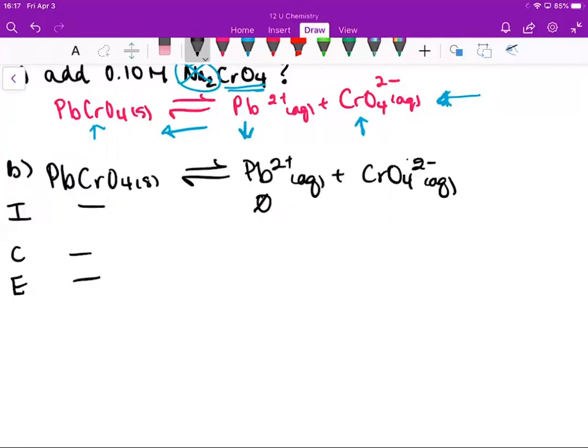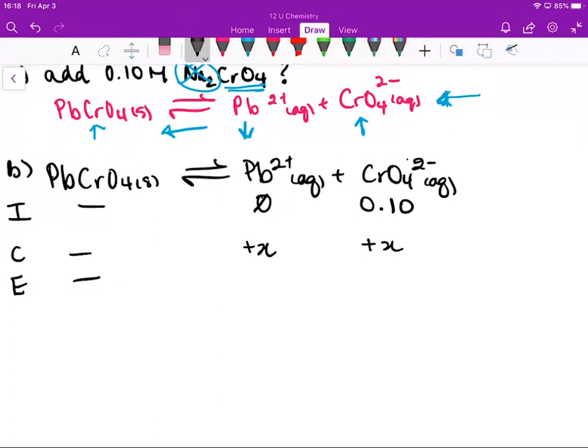And we just identified that the common ion is chromate. So that means in the I part of our ice table, our initial part, we're starting at 0.10. Our change is going to be the same. You might be saying, well, you just told me that it's going to shift to the left and it's going to favor being solid.